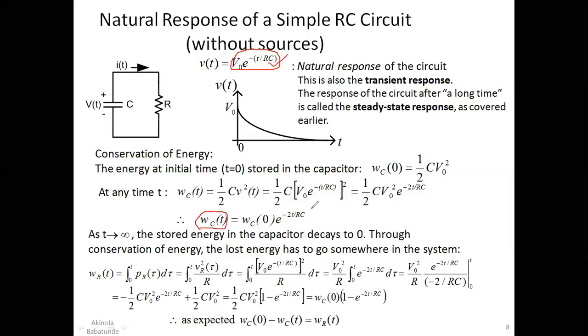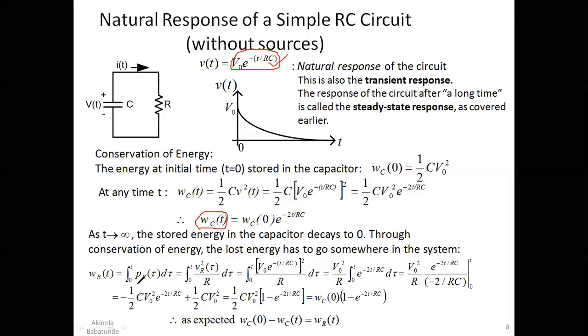You would also remember from previous studies that energy dissipated in a resistor is usually given as the integral of P dt. I'm going to tell you the difference between this and the specific time very soon, but let's just take P times dt, where P of R is the power dissipated in the resistor.